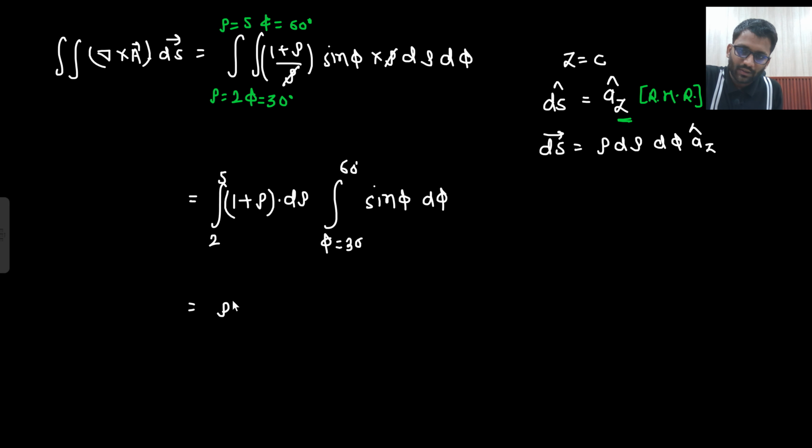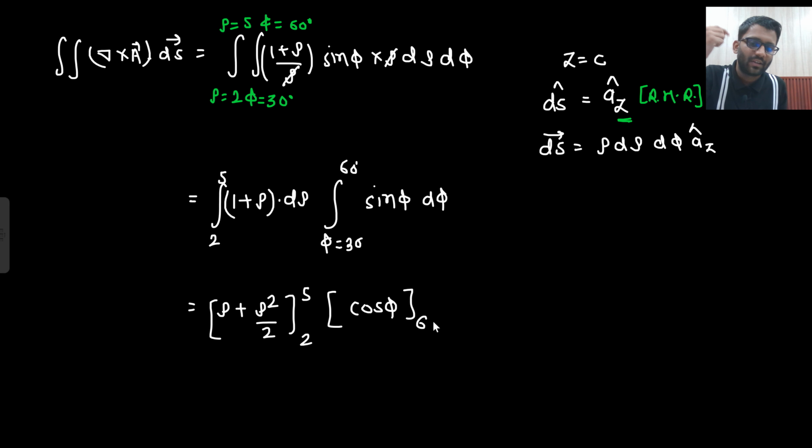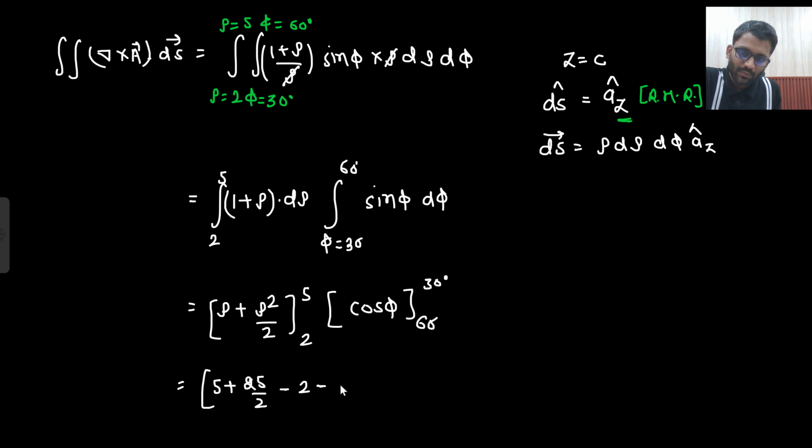So if I solve it, rho plus rho square by 2 from 2 to 5, and this will be cos phi, minus cos phi it will be, but I will interchange the limit from 60 to 30 degree. 5 plus 25 by 2 minus 2 minus 2.